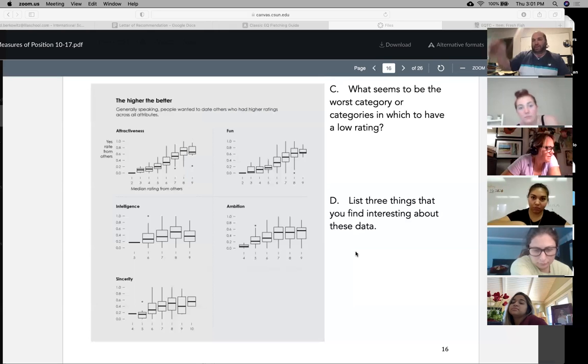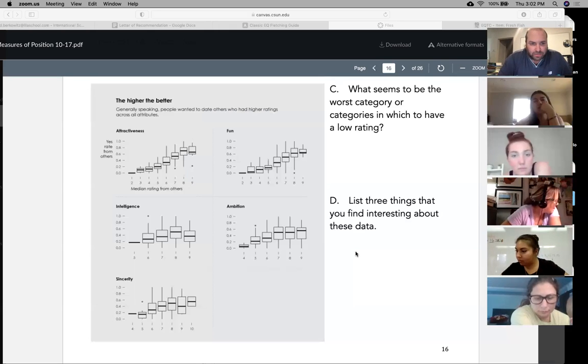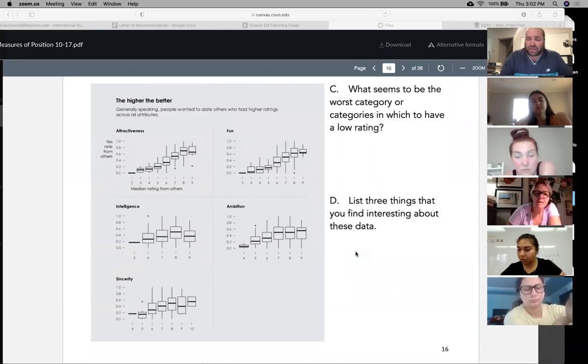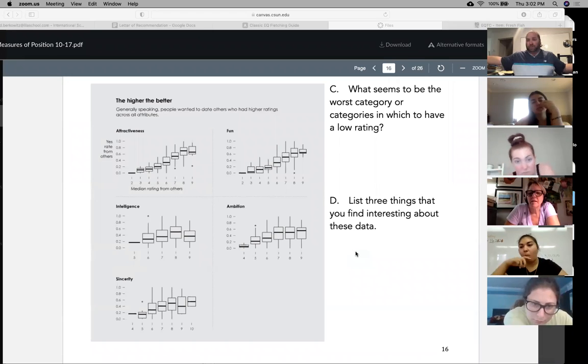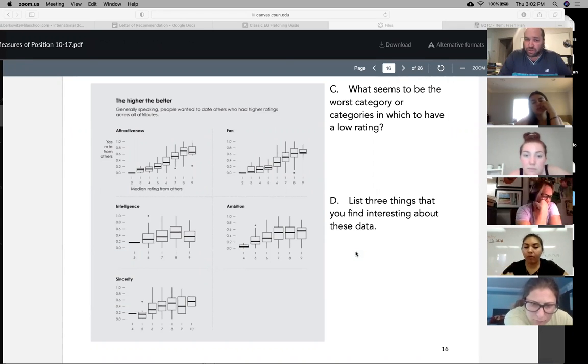The fact that it goes up and then goes down again. That's interesting. Okay. Could one also be what you just said, because attractiveness is the only one? Well, attractive and fun start at 2, but the other ones start at 4 and 5. Right. That's certainly interesting that you're not given the same spread for all of them. So it's really hard to compare them across the board, right? That's certainly interesting. I mean, everyone would find different things.